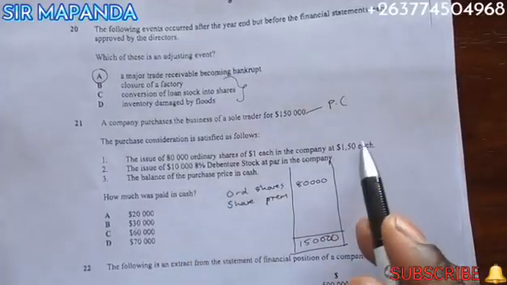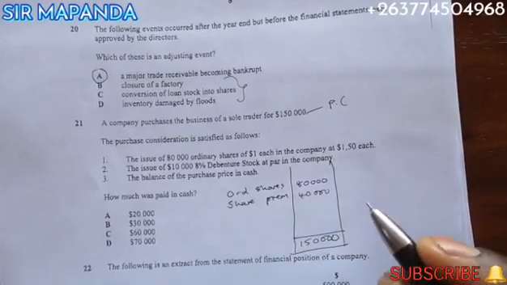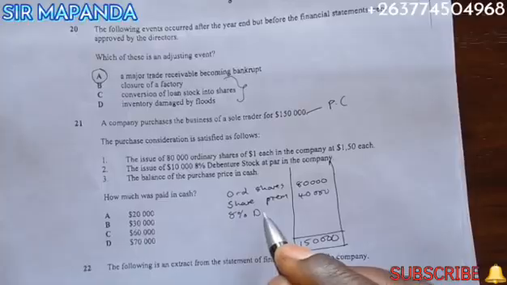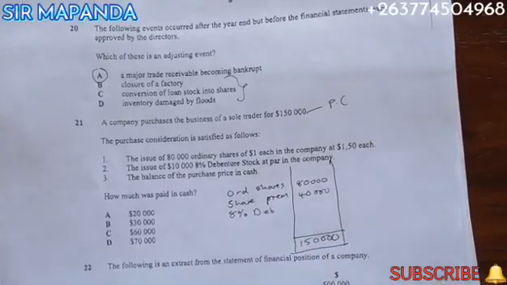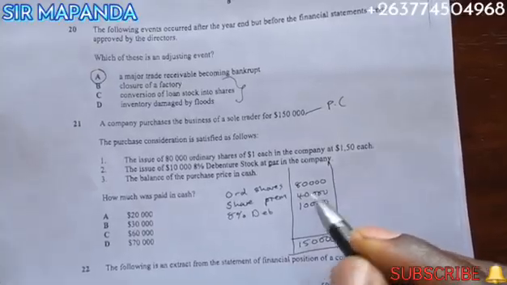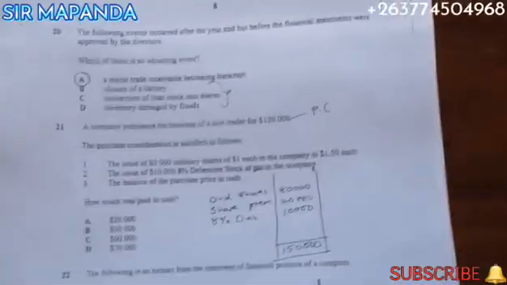Then 80,000 times 50 cents, you have a premium of 40,000. Then you move on to entry number 2, which is debenture. Since it was at par, it simply means that we record this 10,000. I hope you are following class.